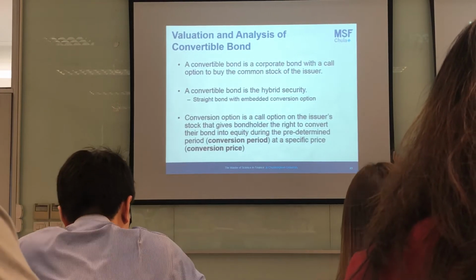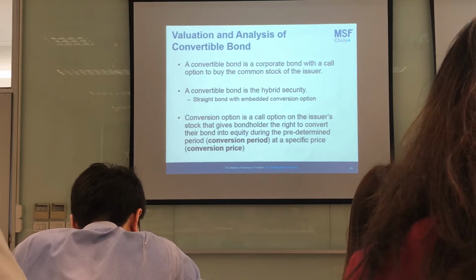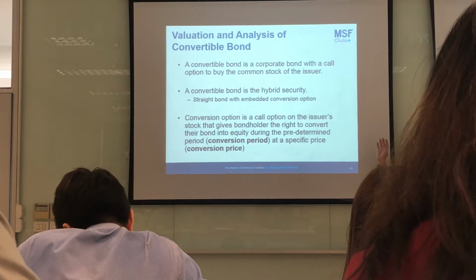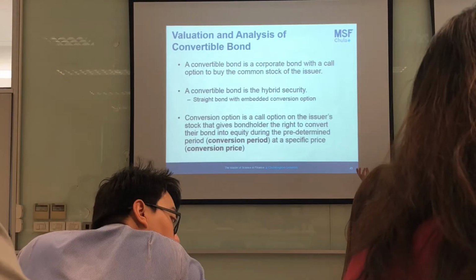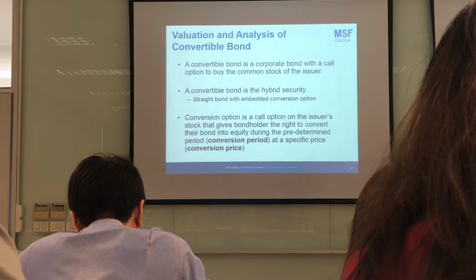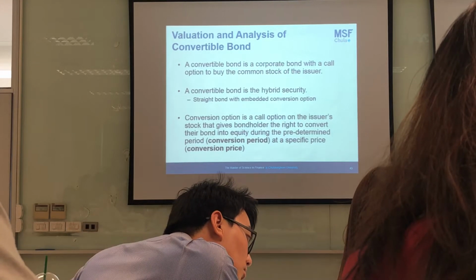So this is a call option on the issuer's stock, different. And this does not belong to the bond issuer, but it belongs to the bond owner. So basically, when an investor buys a convertible bond, they buy a straight bond plus the call option. Not the same as the callable bond.